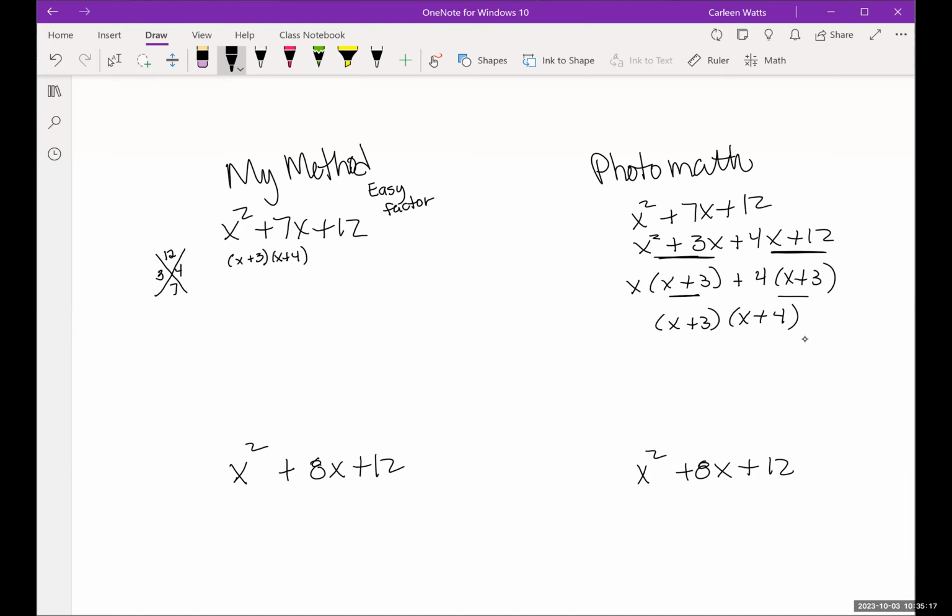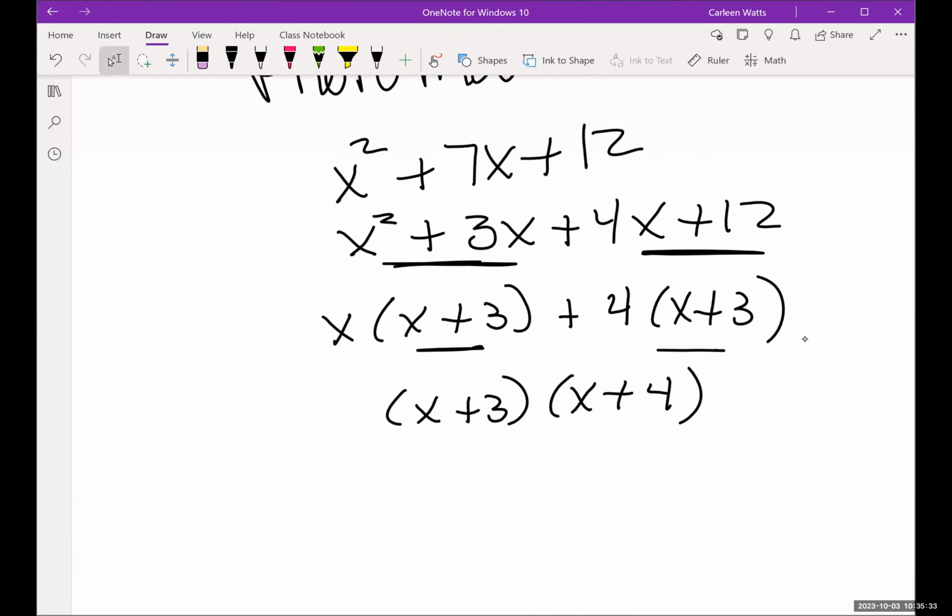If PhotoMath has a better method, let me know and I'll teach it to you guys. But can you see how PhotoMath can be dangerous? It can be a good reference, but it can be dangerous because if I'm grading this problem, what am I going to ask you? How did you split? How did you decide 3 and 4 to split the 7?